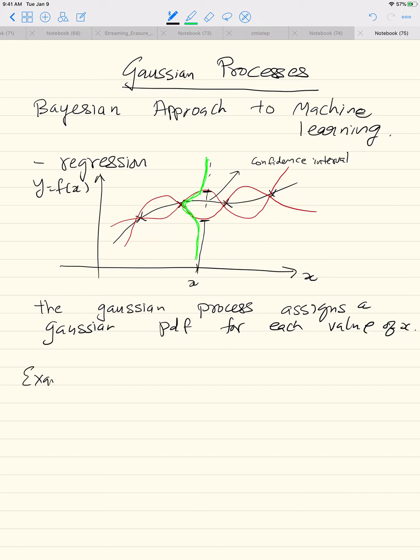So let's do the example of Bayesian linear regression.